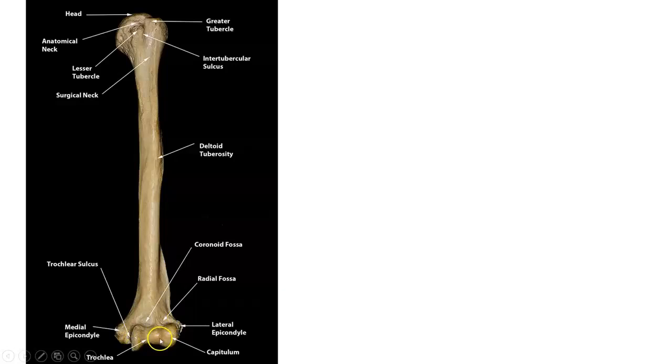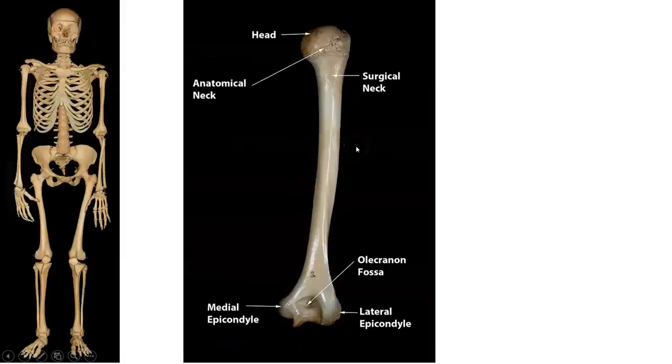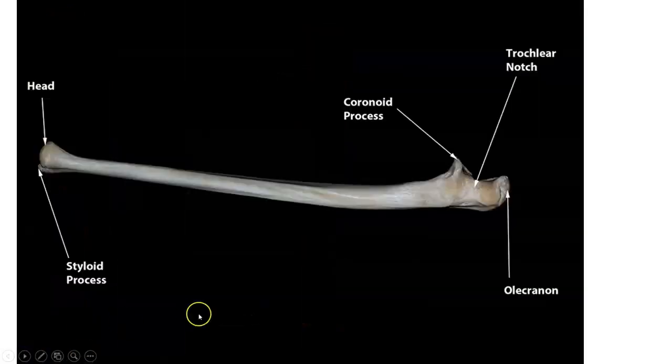We see a trochlea on the medial side and a capitulum on the lateral side. This is more rounded. Capital, or capit, is referring to head, so it's round like a head would be round. Capitulum. And on the back of the humerus, there's a deep depression called the olecranon fossa.